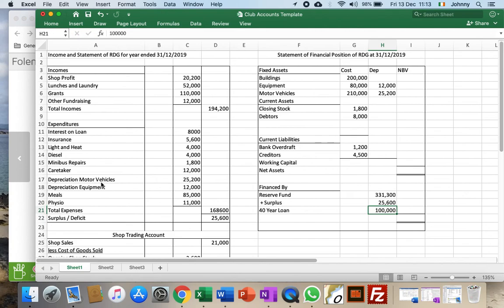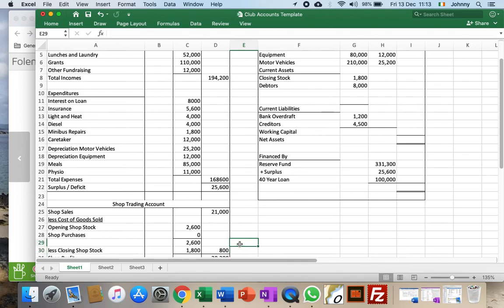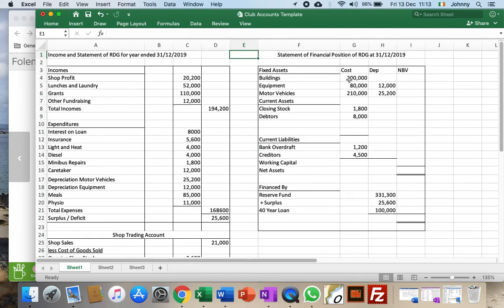Okay, now move over to our balance sheet. So the other document down the bottom here, shop trading account, I've already finished that one. So moving on to my balance sheet. So how this works is, there's no depreciation mentioned on buildings, so therefore the net book value, what it's really worth, is 200,000 minus 0, 200,000. The equipment is worth 80 minus the 12,000 depreciation, so the real value of my equipment is 68.